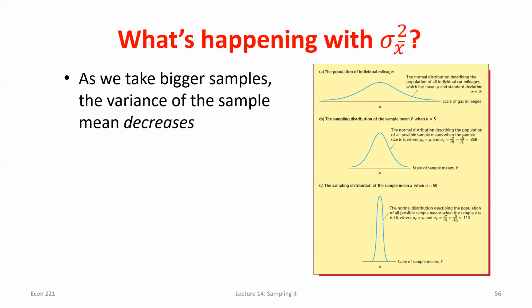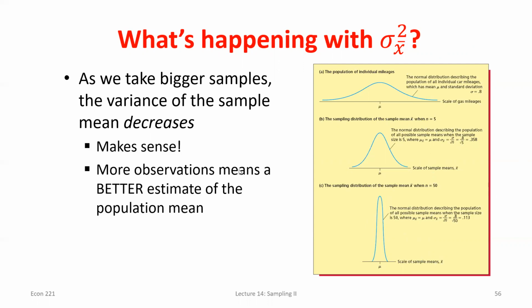When the variance is high, I get a flatter distribution, okay? So as I take samples of higher sizes, I get a more peaked distribution, which ultimately, and I'll draw something up here in a second that hammers this idea home, means that if I take more observations, I'm getting a better estimate of the population mean. I have more of the population in my sample.